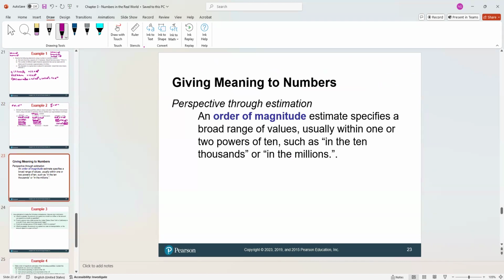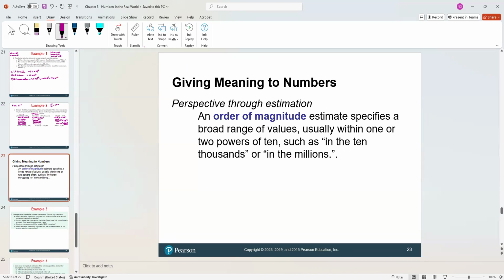But let's give some meanings to our numbers, because approximations with scientific notation, that's what we do. So giving meanings to our numbers, we are now ready to move towards our goal of putting numbers in perspective. As with problem solving, which we did a lot of in chapter 2, there was no single recipe for getting perspective, but a few sample techniques can be very helpful.